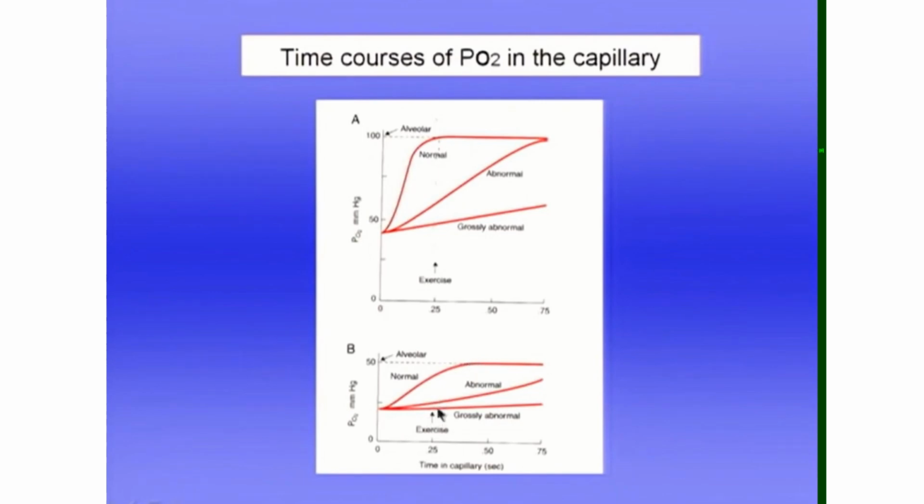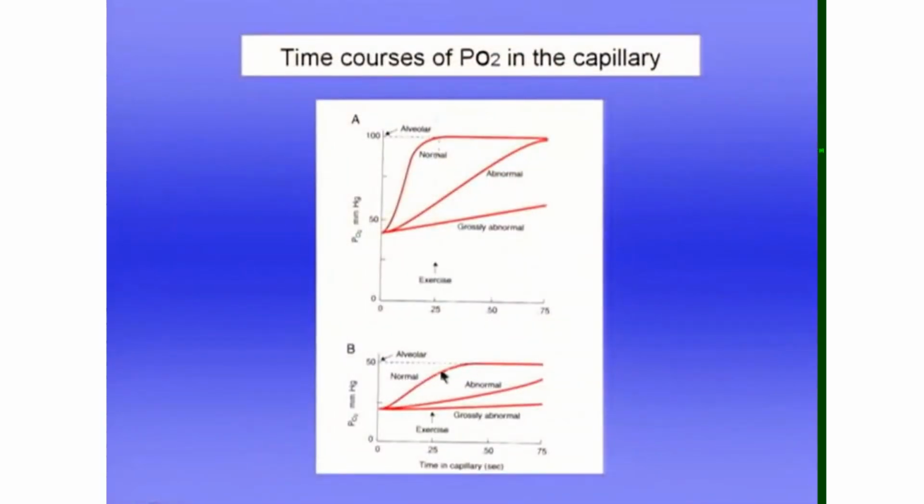And in fact, on exercise, you would expect under these conditions that some diffusion limitation could be seen. And I should say that the best way of demonstrating diffusion limitation for oxygen in normal subjects is to take them to very high altitude and make them exercise. They show gross diffusion limitation under those conditions there.